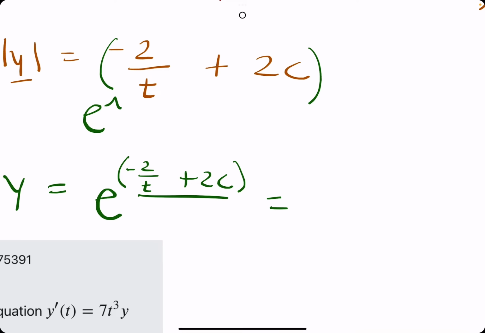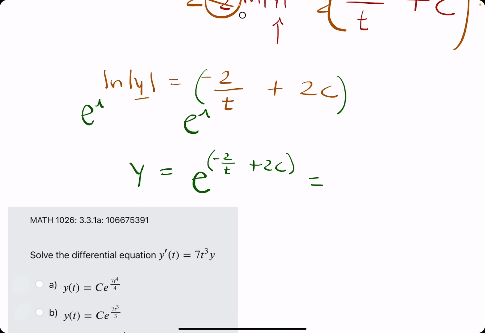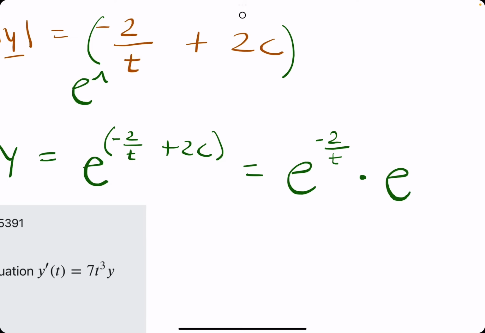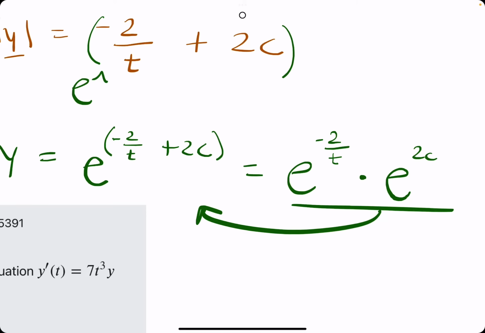the sum of two terms in the e exponent. What we can do is break this up with multiplication of two e terms with different exponents. Because if we went in this direction from the right to the left here, we would add their exponents when we multiplied the two e terms. And so we're breaking it up. We're going the opposite direction.